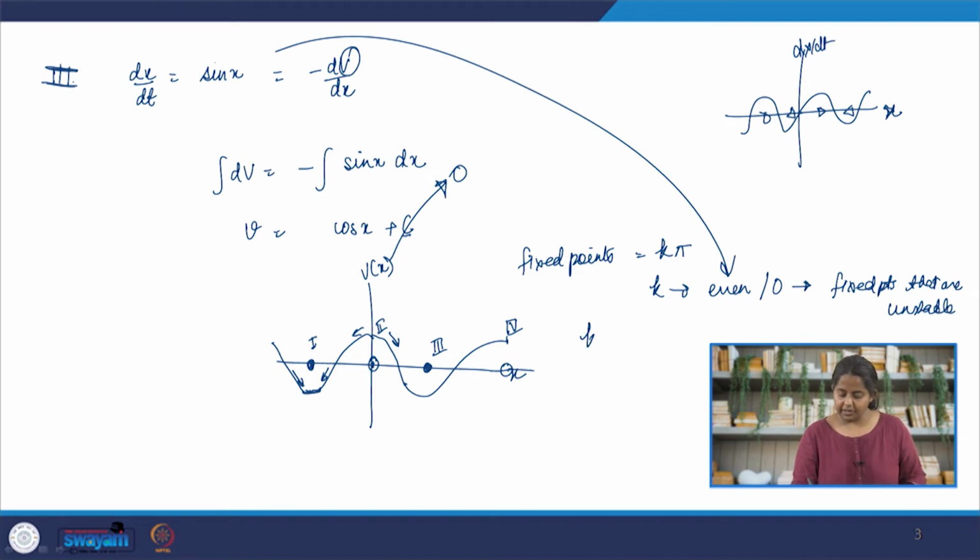And when k is odd, we'll be dealing with stable fixed points. So this is how to use the potential principle to understand the stability of fixed points. One more example before we move on.